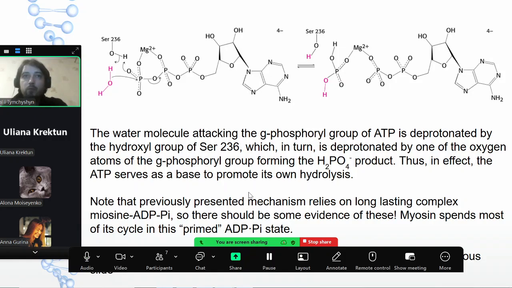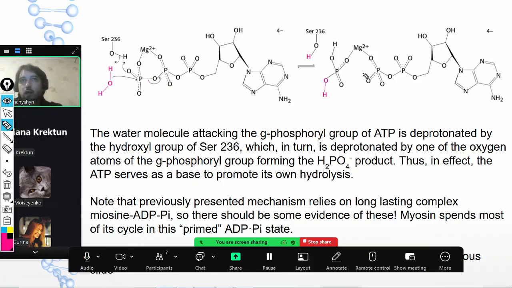And what's interesting is that in effect ATP serves as a base to promote its own hydrolysis. So here you see magnesium, and what's more interesting, these electrons, note this arrow. So here you have this bond broken.